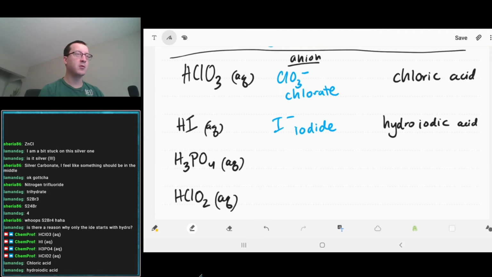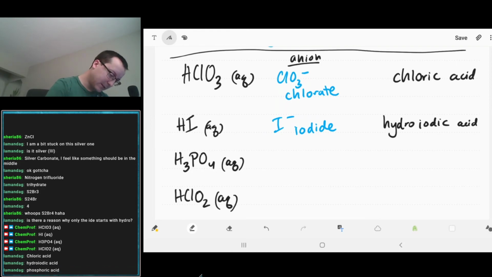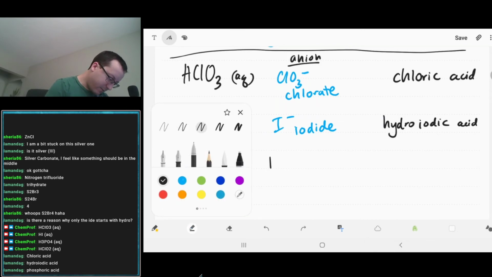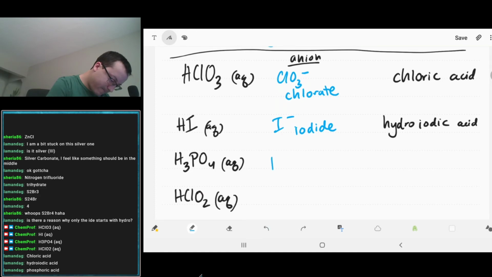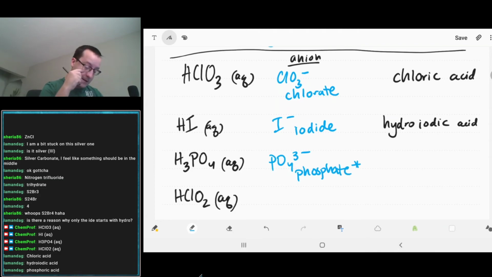Alrighty, we got 2 more. Looks good. I've been using blue. This is phosphate. Just remember, phosphate is a special one.